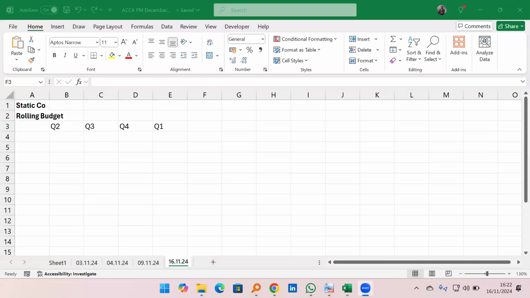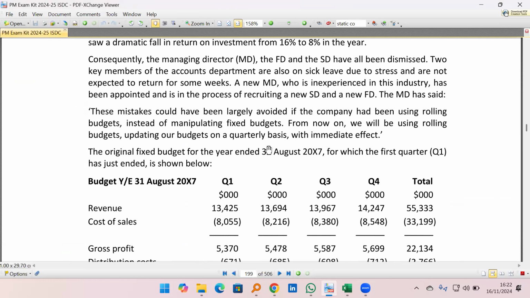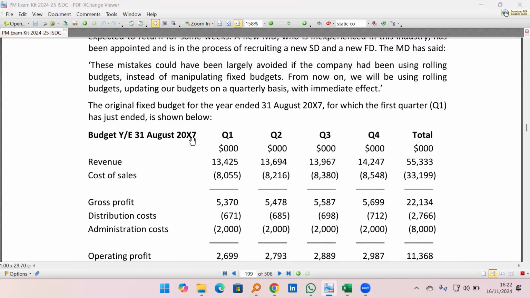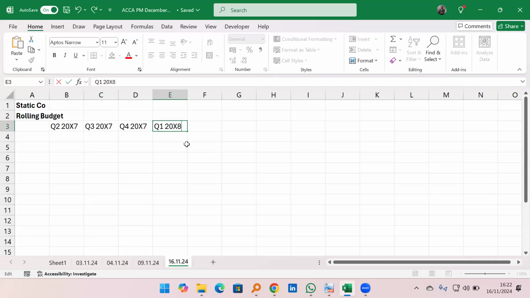You can say this is quarter 1 20x7, so therefore this is quarter two 20x7. You can put the whole thing so that we can identify that this quarter one we are referring to here is for 20x8. That is important for us to distinguish.